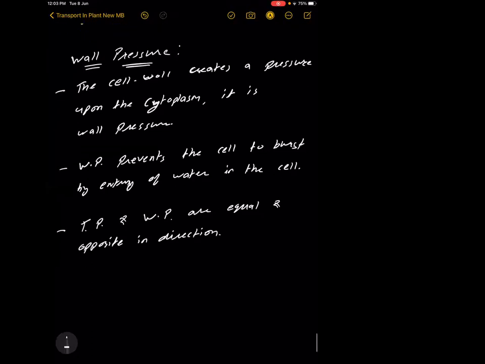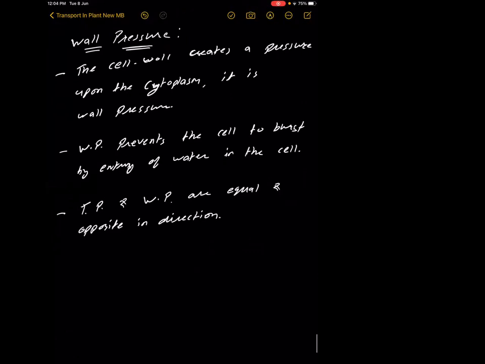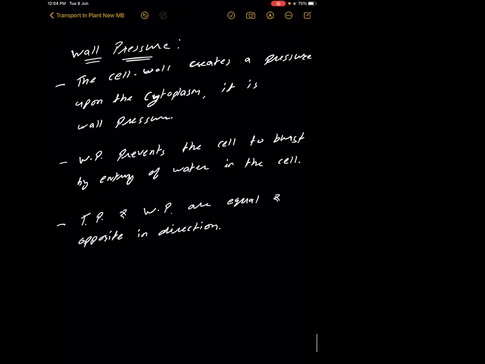Fine. Sir, once repeat. This is turgor pressure. This is TP. The cell becomes turgid. So it is maximum turgor, because this turgid cell is turgid because of turgor pressure.